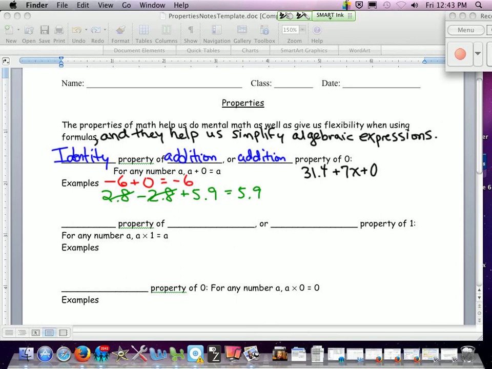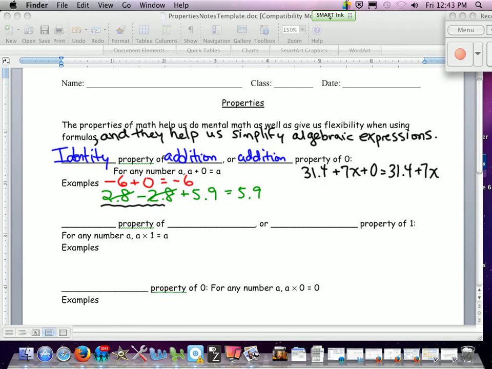We don't have to keep tagging that along if we're dealing with an algebraic expression. So it doesn't add a whole lot of value, but if you look for situations like that, 2.8 and somewhere else subtracting 2.8, that can sometimes make life a little easier, getting rid of things that cancel each other out, even in an algebraic expression.